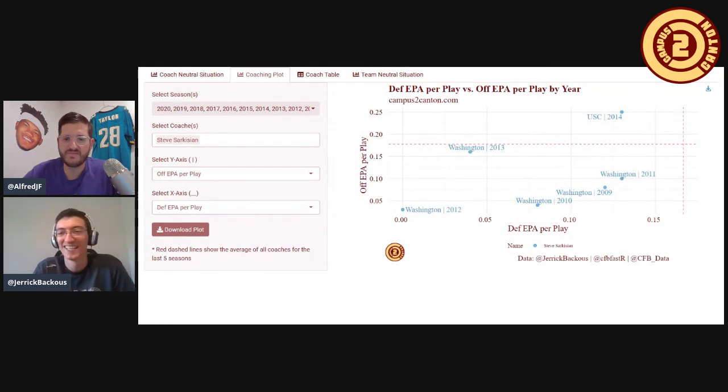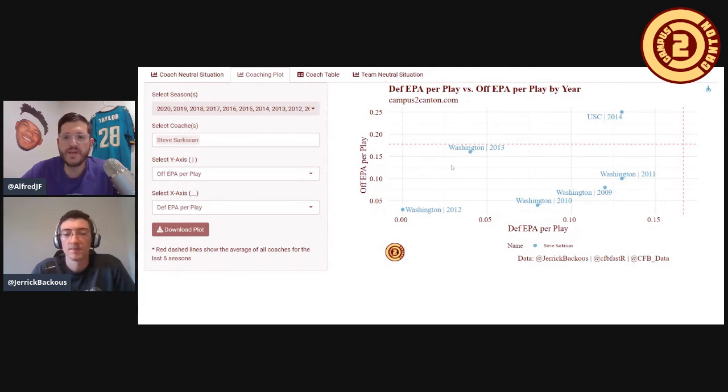What do you mean? Low defensive EPA per play is good, but I said he had a bad defense. Oh yeah, no. The interesting thing is he had a pretty good defense at Washington, and frankly, a pretty good defense at USC. You want to be below this vertical bar, showing that you're below the average defensive EPA per play. That means you're good. That means your defense is limiting expected points added.